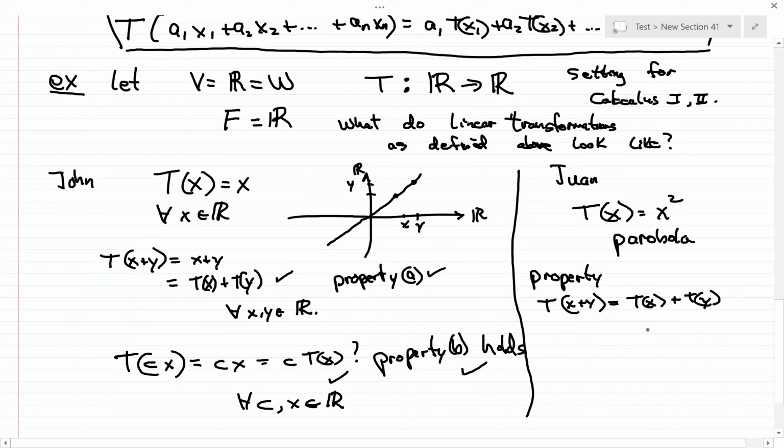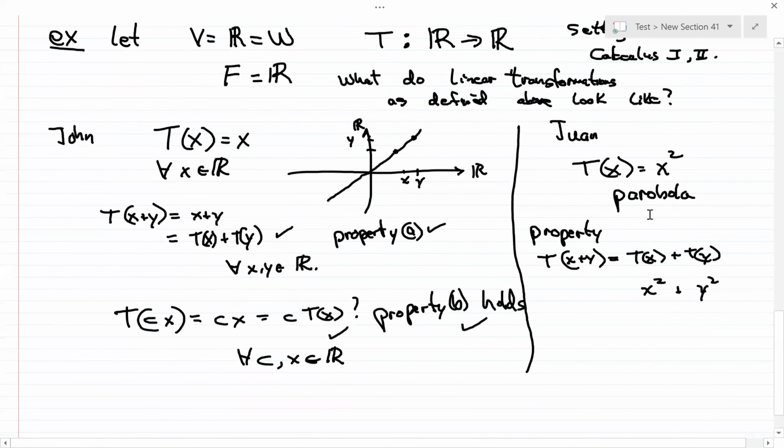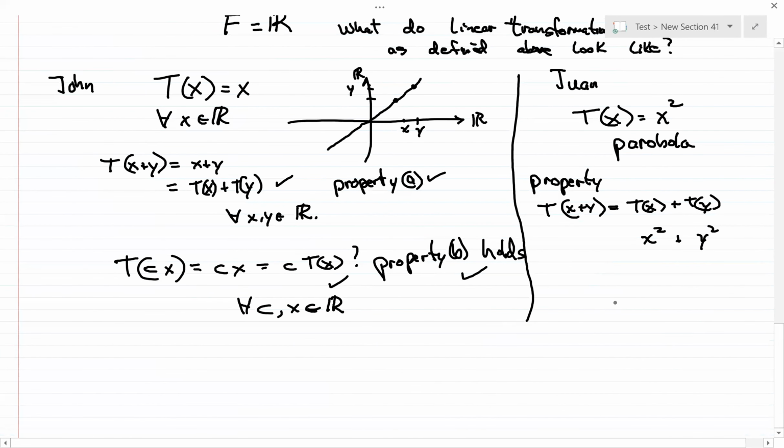T of X is X squared according to Juan. So T of Y would also be what? Y squared. And we can draw the picture. The picture would be a parabola, right? A standard parabola here, XY coordinate system. Y equals X squared.